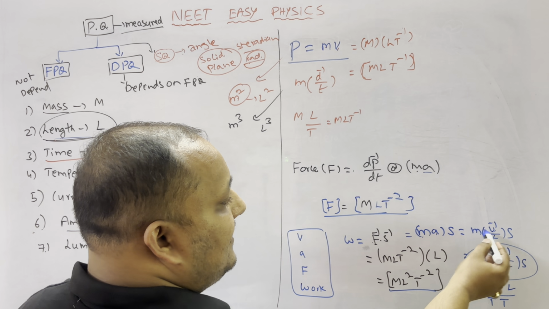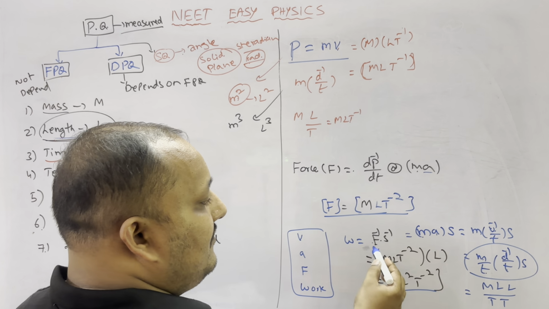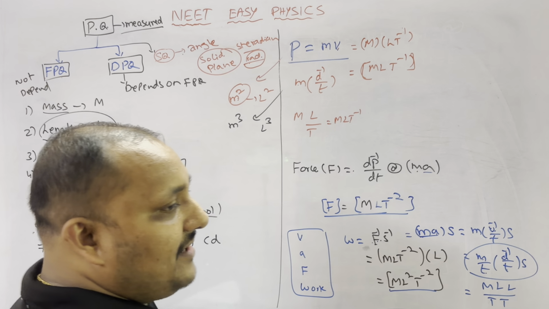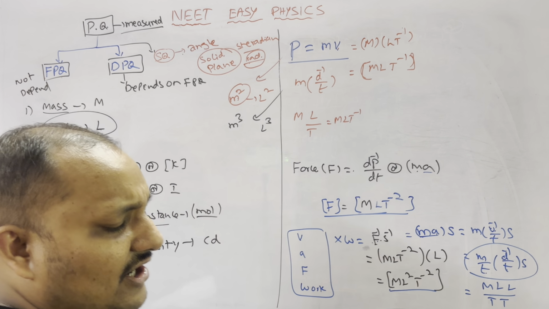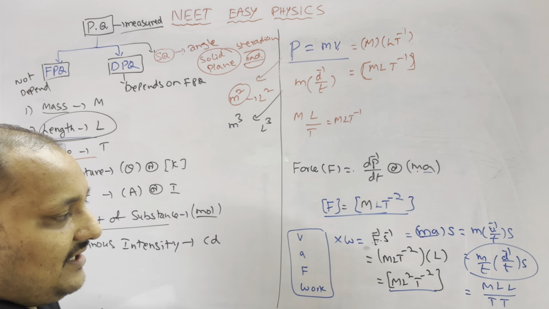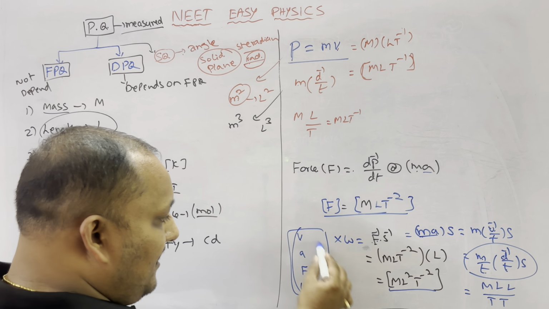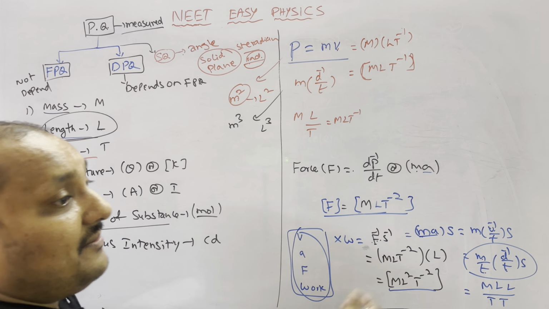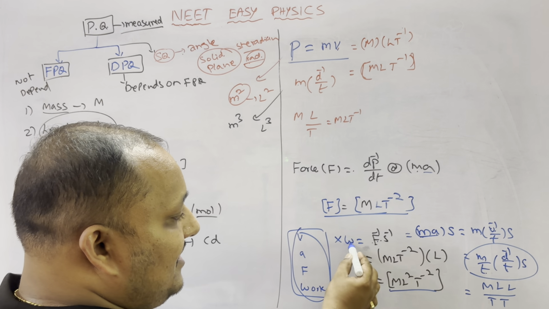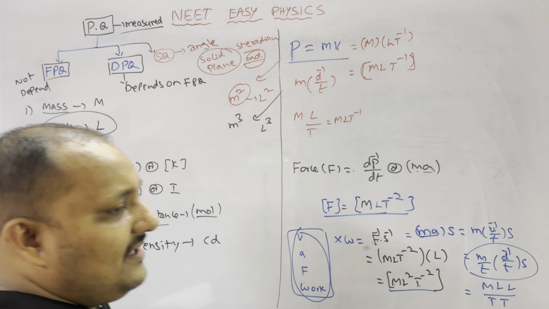If you remember the acceleration definition, velocity by time, and the force equation ma, then you can write the dimension formula for work done. So these four, if you remember, almost all the remaining dimension formulas you can get without memorizing them. Now what is work done? M L square T power minus 2.